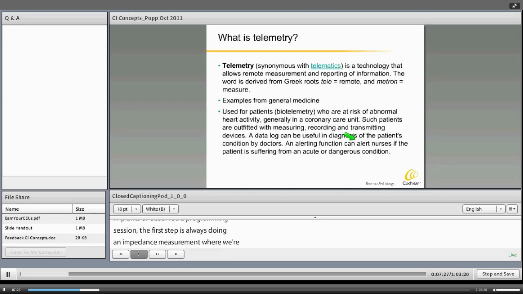Telemetry is a fairly generic word that's used quite a bit in various areas of general medicine.